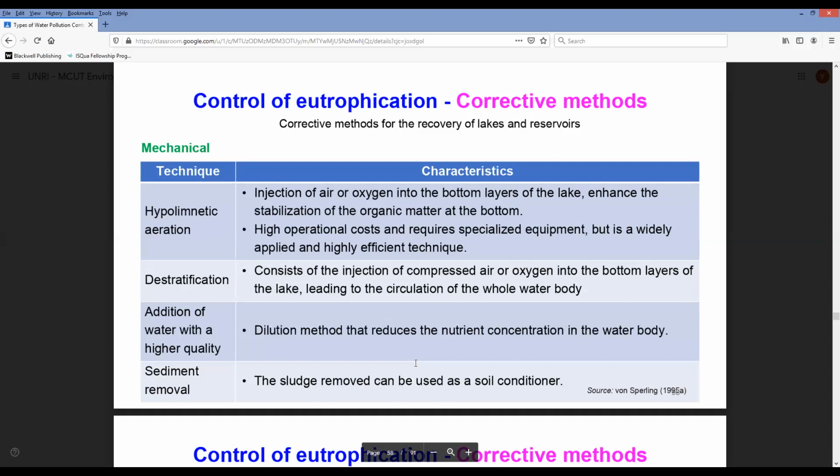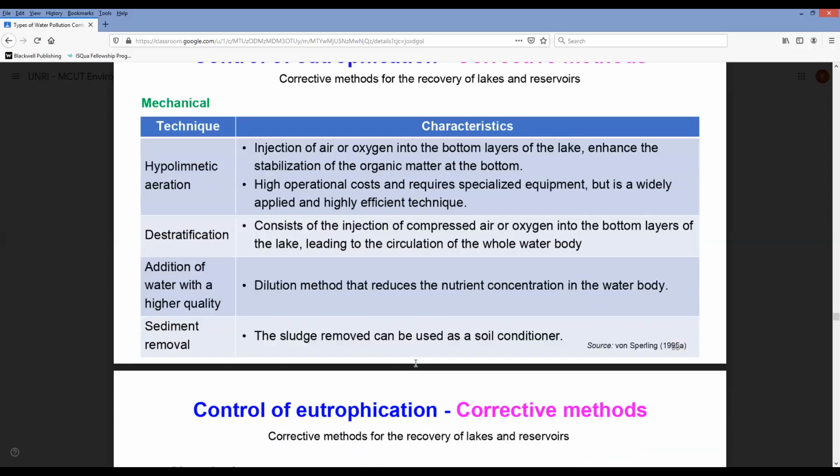Okay, and then the next one is called destratification, which consists of injection of compressed air. Basically this is a similar method: they introduce air or oxygen into the bottom of the lake. The next one is addition of water with a higher quality.